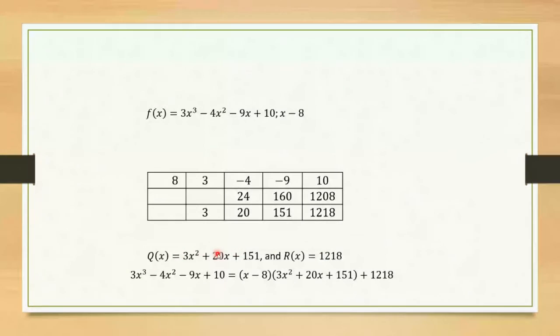We have 3x squared, 20x, 151, 1,218. So the original f, that's this thing. You have x minus 8 times the quotient plus this. You can always, if you wanted to, I'm not saying you have to, actually multiply this out and check to see that these are the same. But hopefully you can see that they will be.